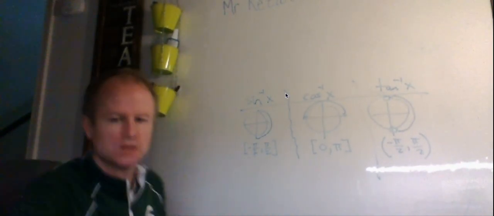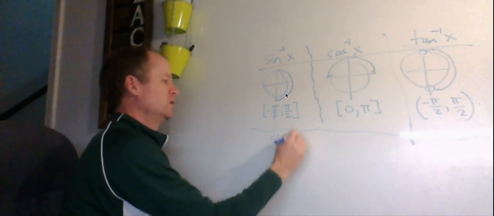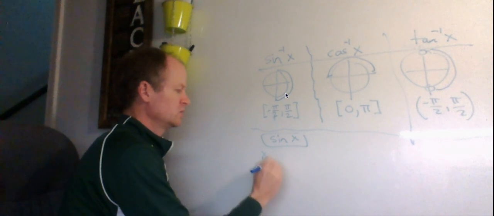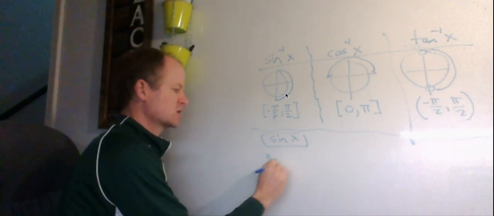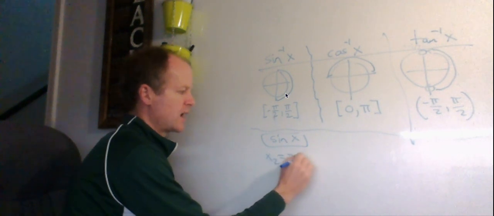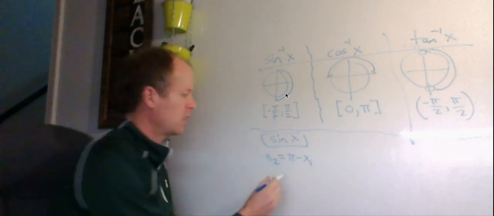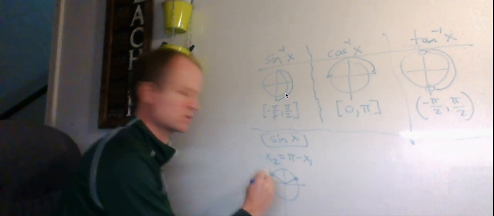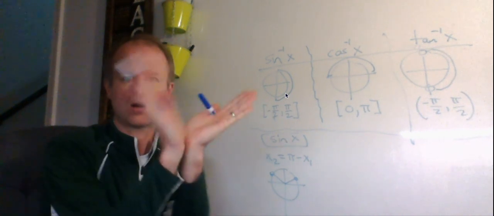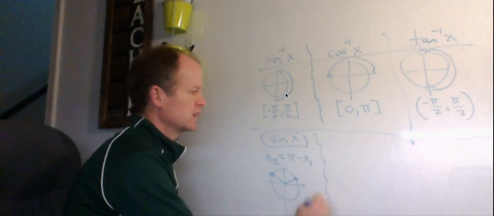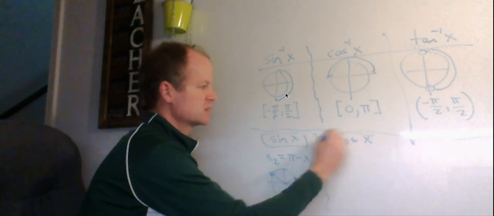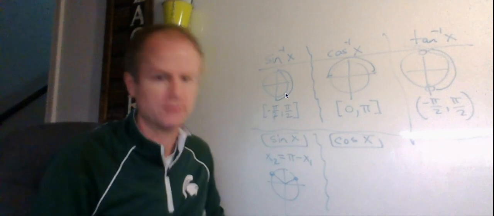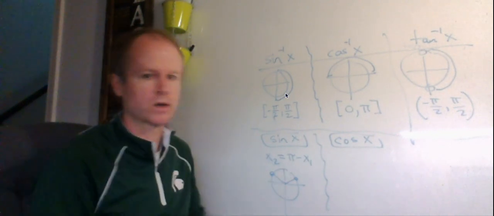Okay, so when we find the other solutions in trig equations for sine, so any equation that involves sine, the rule will always be x2 equals pi subtract x1. So we take our first solution and subtract it from pi. A good image is this one, all the y coordinates. To get the other solutions for cosine, this is the one I hadn't done an example of, but very similar, except we're going to do 2 pi.